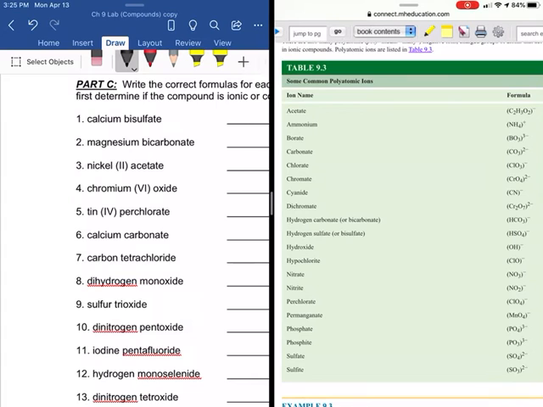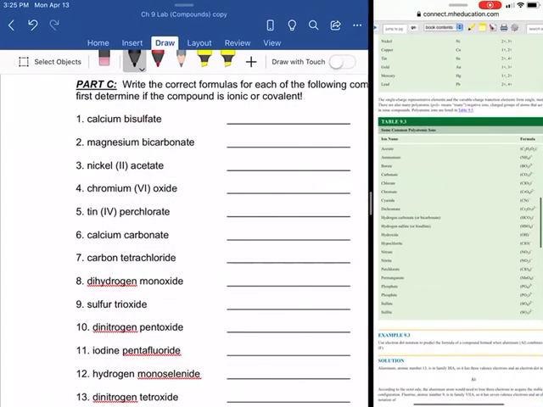All right, so this first one is calcium bisulfate. Do you guys see bisulfate on this table right here? It's in parentheses, by the way. It's hydrogen sulfate or bisulfate. All right, so see how it's a polyatomic ion? Since it's an ion, that's a good clue that that's an ionic compound right there. So you have to figure out what the ion for calcium is.